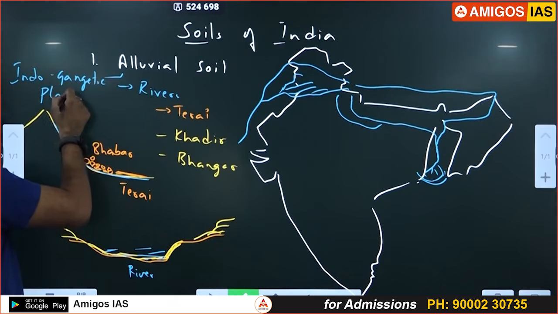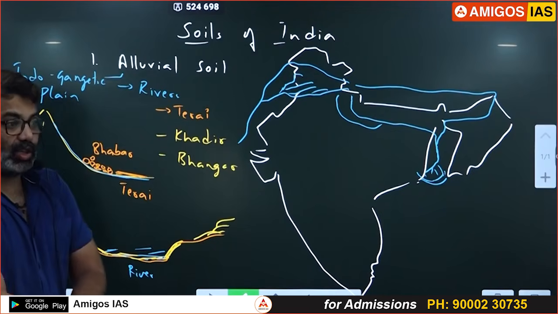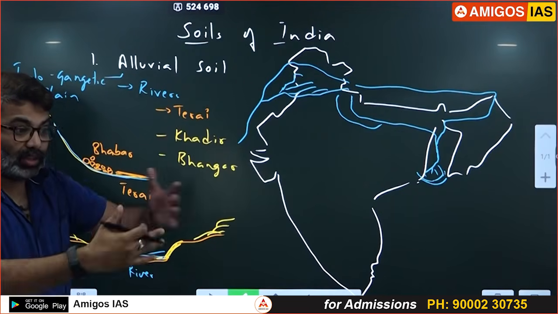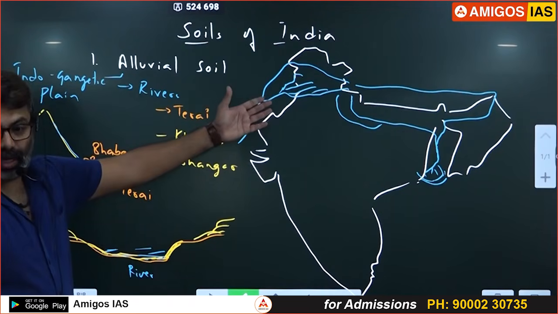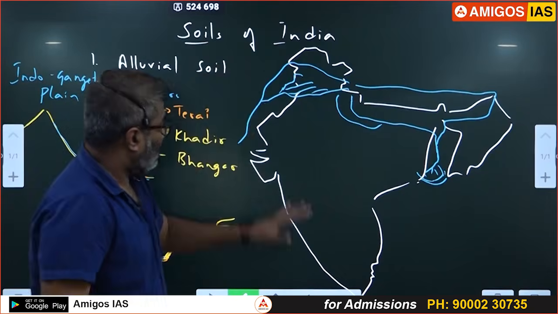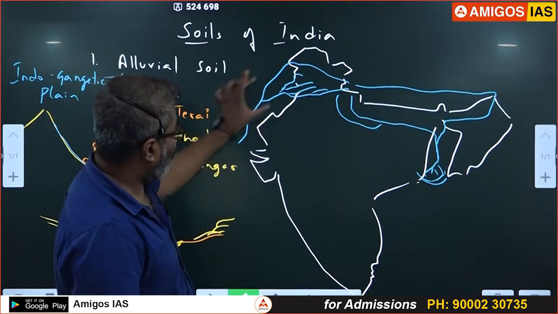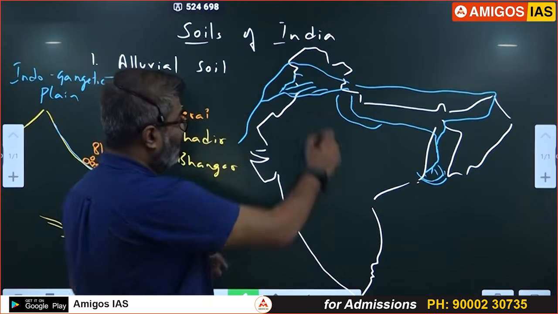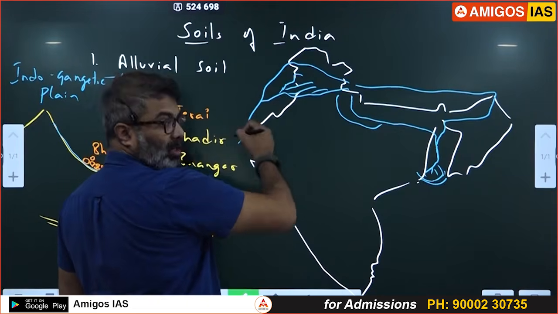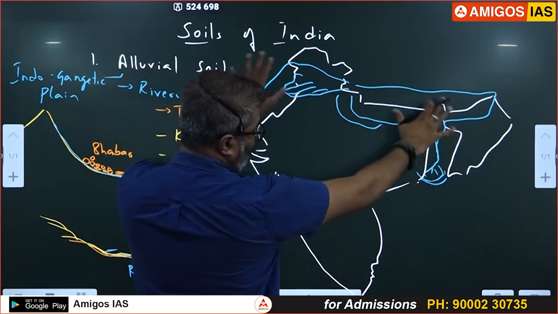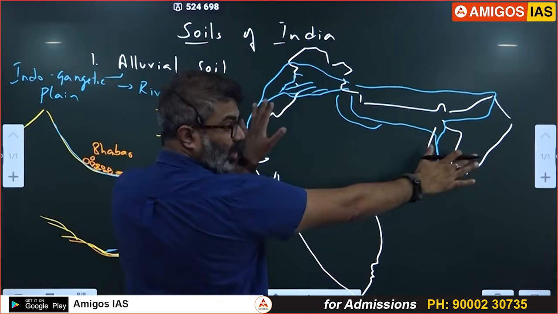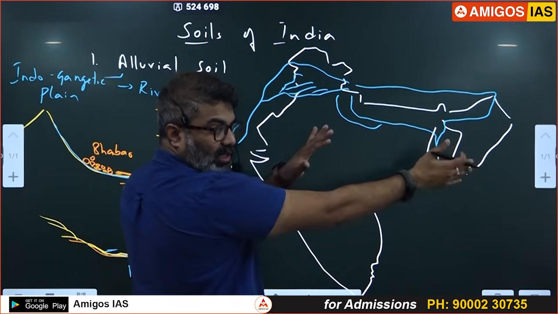So it's the largest soil of India, largest soil of the subcontinent. It covers Punjab and Sindh provinces of Pakistan also. This is Punjab. This is Sindh. This is Bangladesh. So this alluvial soil is found on either side also.